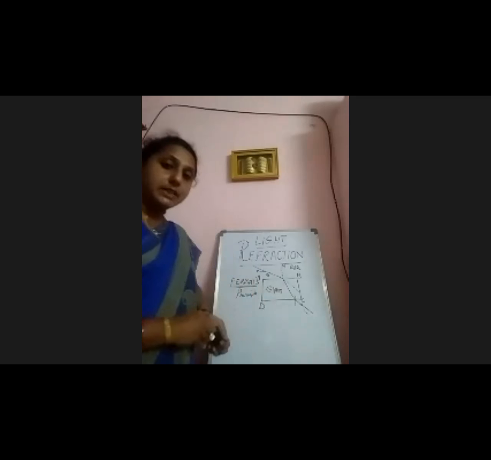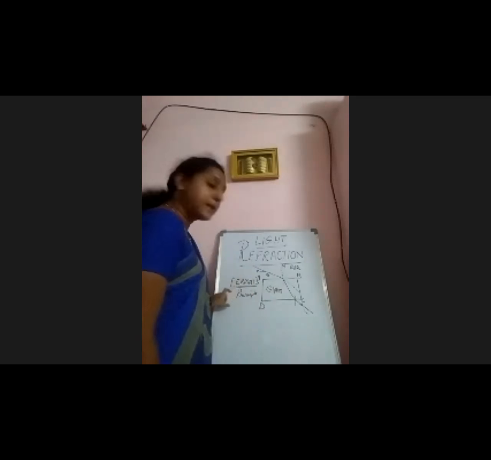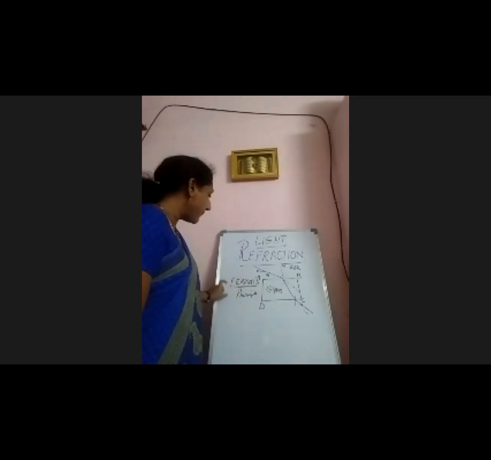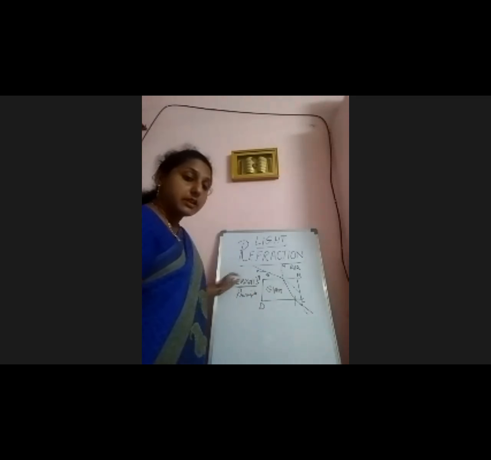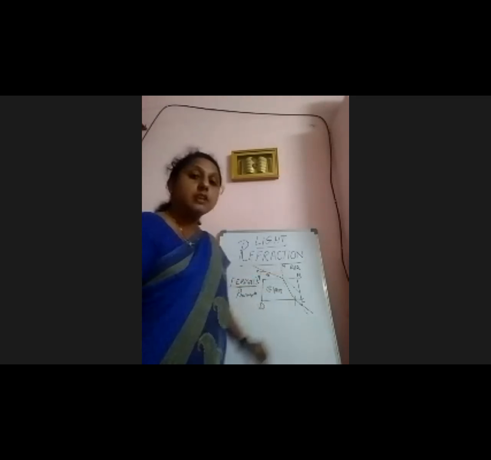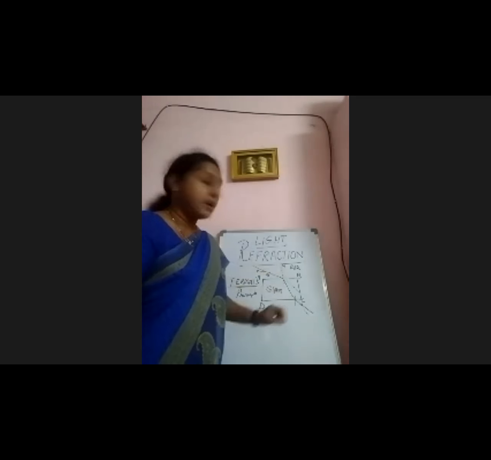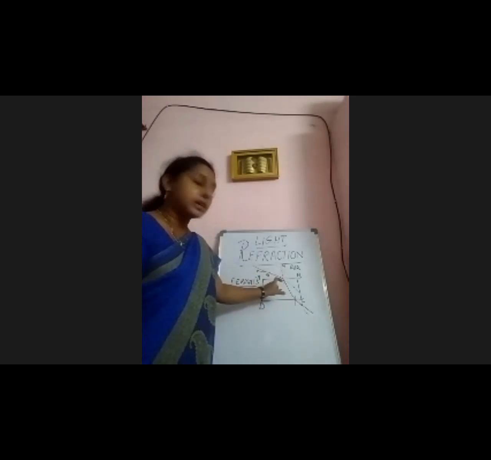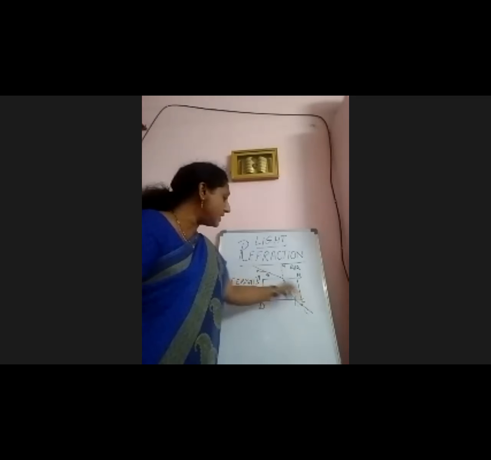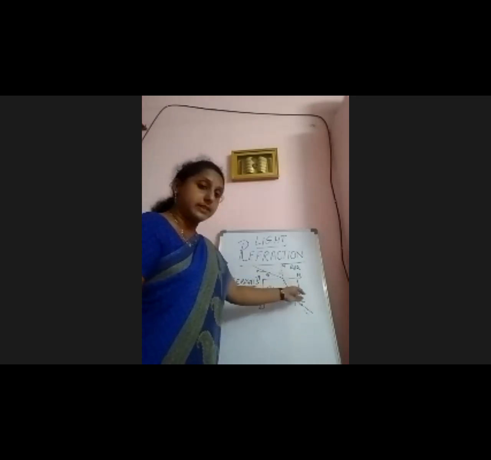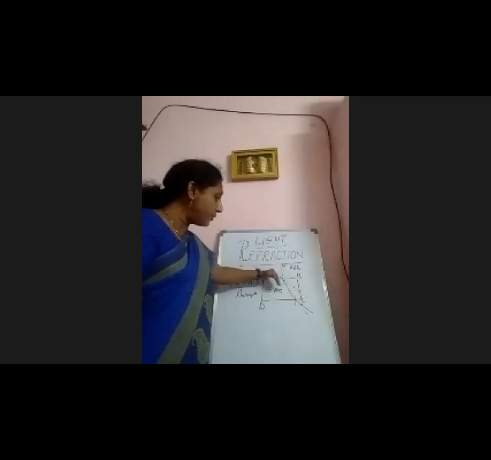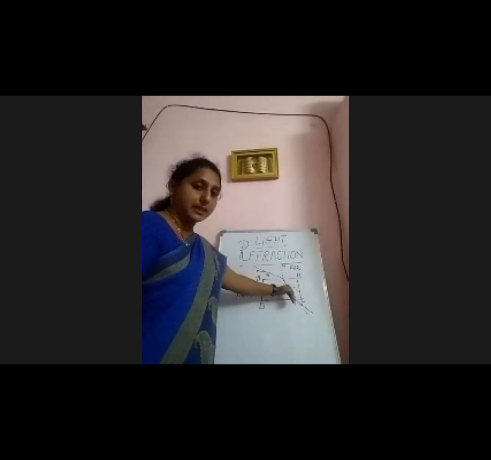Light always chooses the shortest path. So when it passes straight like this, it is covering more distance. But when it is bending towards the normal, that is the shortest path it is choosing.